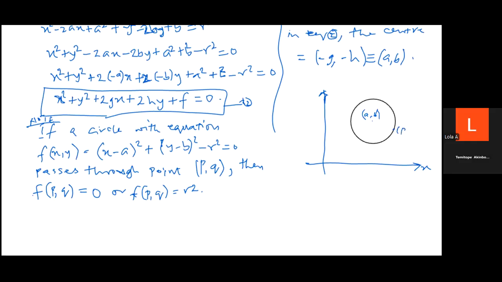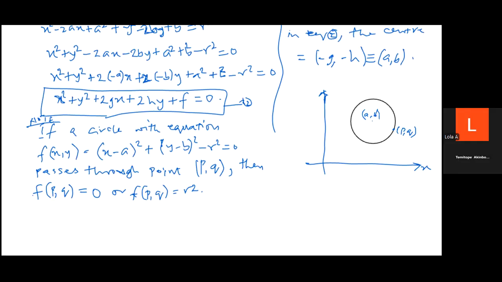What we are saying is that if you substitute the coordinates of the point where the circle passes into the equation of the circle, that's what f(P, Q) is telling you. In other words, you substitute P for x and Q for y in this equation and simplify it. So it will give you 0, or it will give you the value of r squared. If you write it the way I've written it here, it will give you 0.